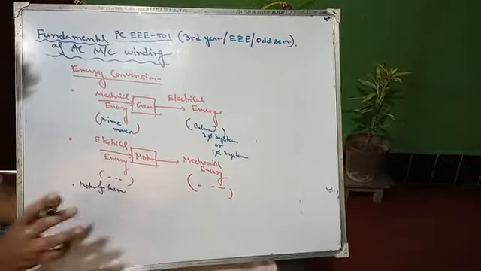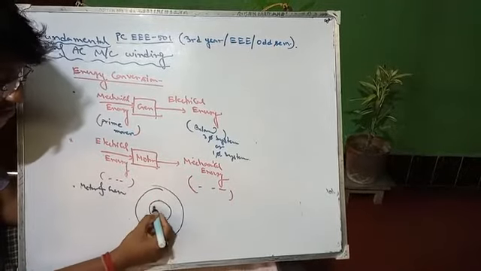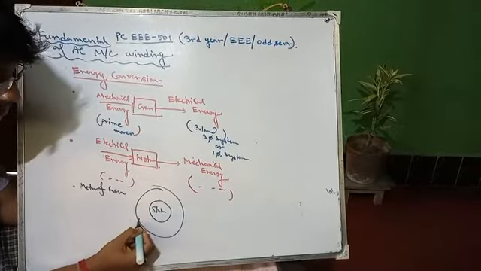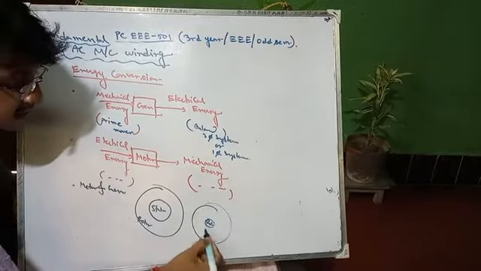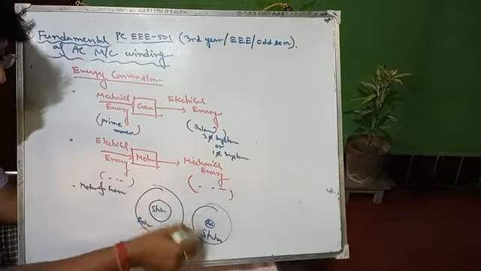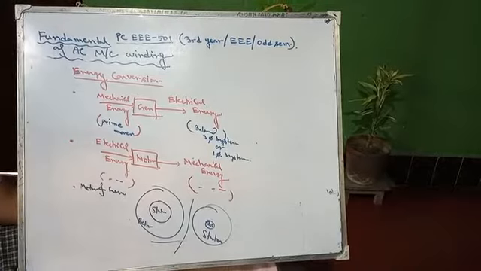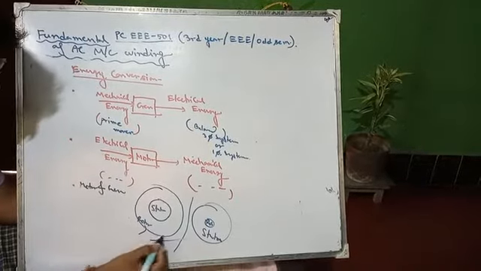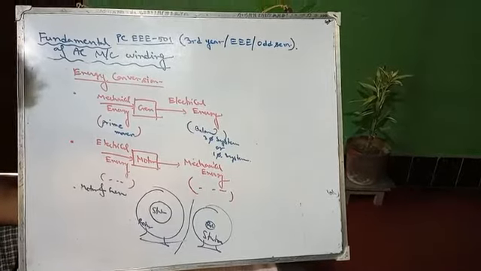That is, there is a stator and a rotor system. These concepts are the same. From the operating principle they are different, but in construction features they are the same.